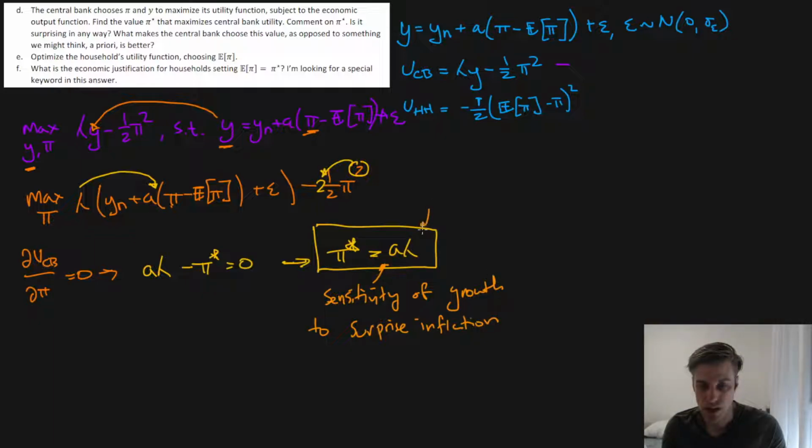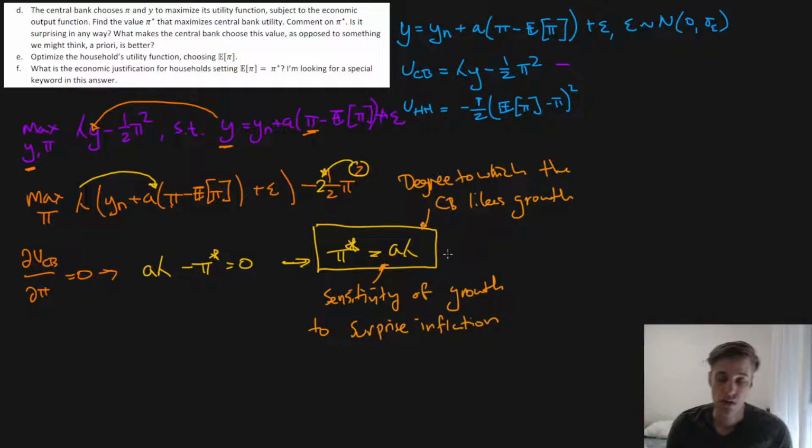And lambda is the degree to which the CB, the central bank, likes growth. So we put these two things together.